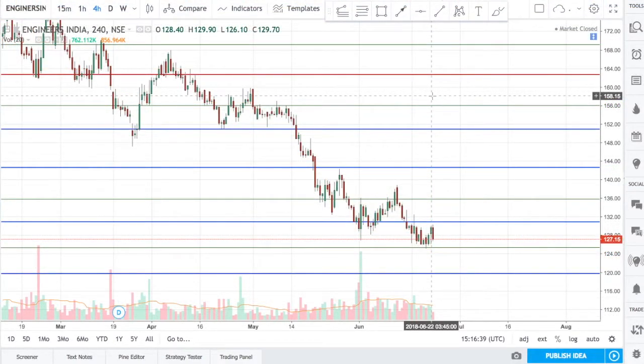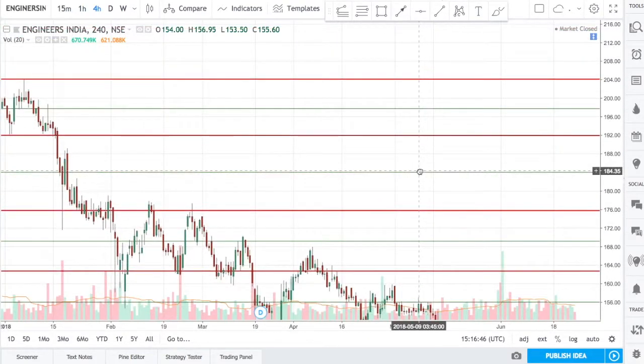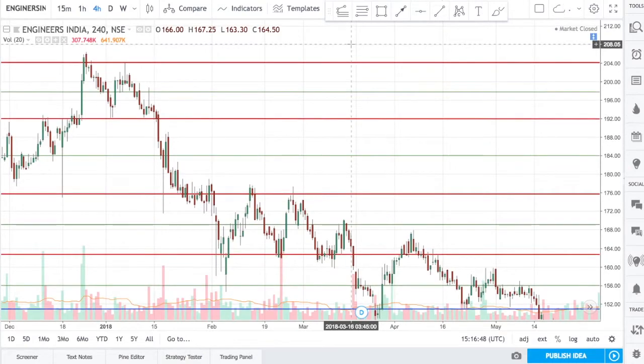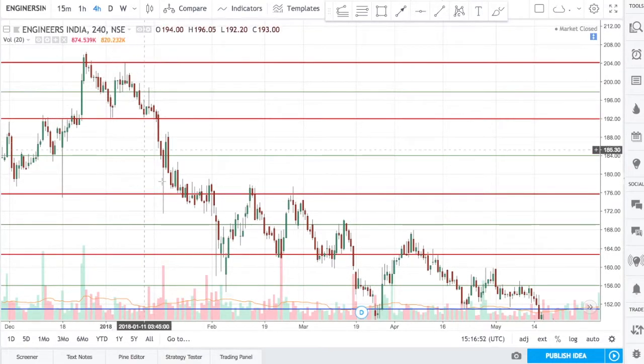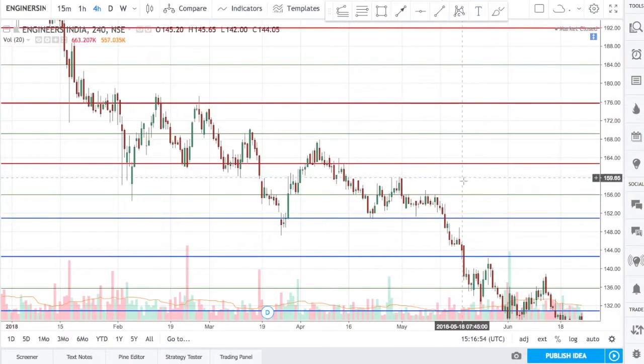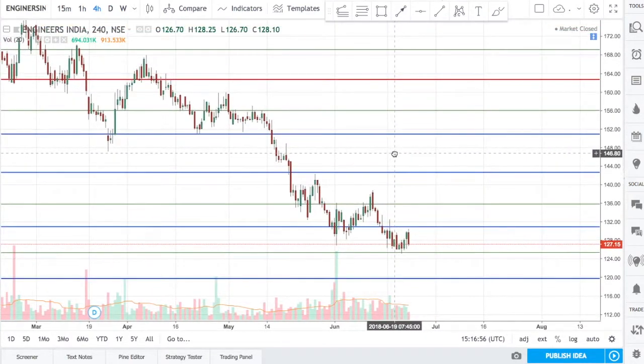We have a similar counter trend trade on Engineers India, very identical to Bharat Electronics. We have a prolonged down move on Engineers India since the beginning of this year.